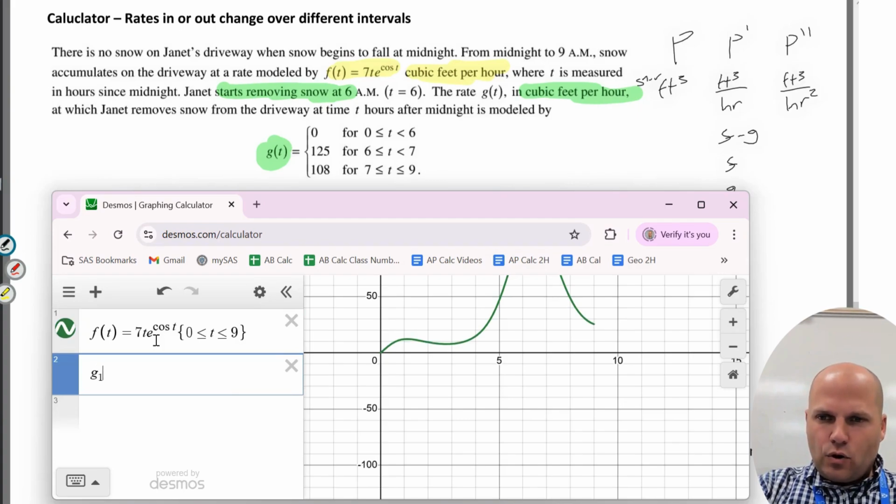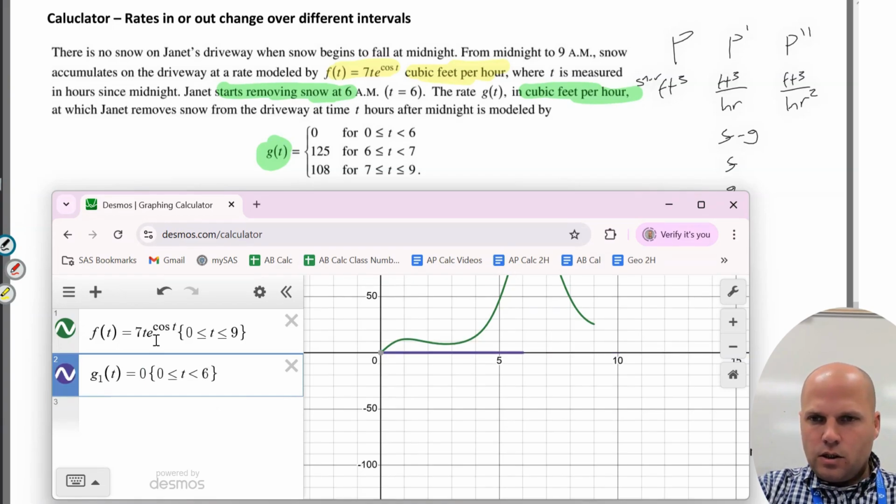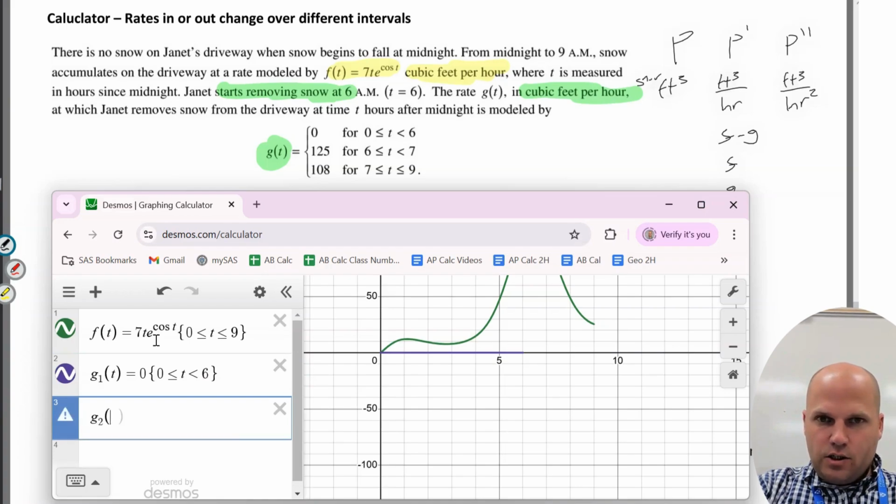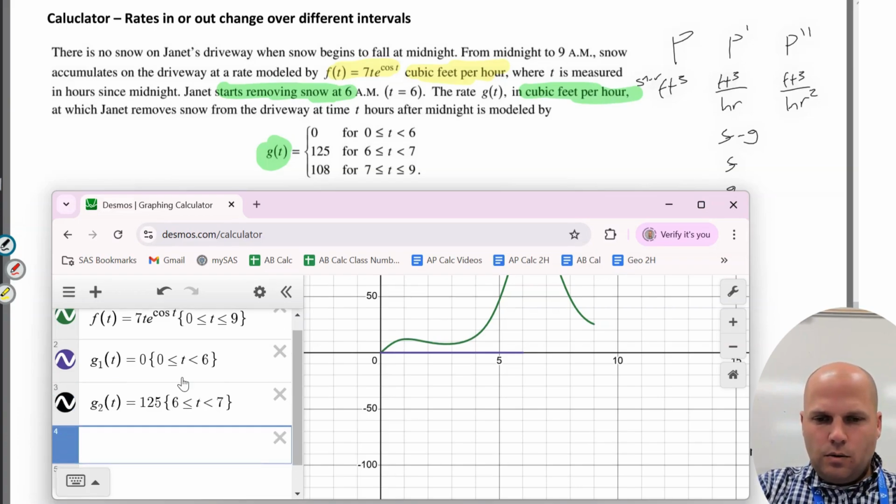We have three G's. We have this first G from 0 to 6. We have the second G. I just type in 2 after you type in G, and it immediately subscripts. We have this third G.